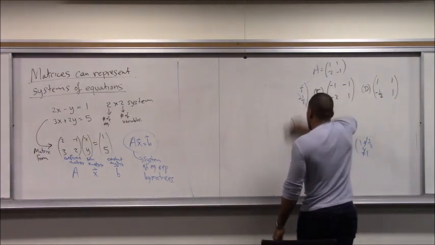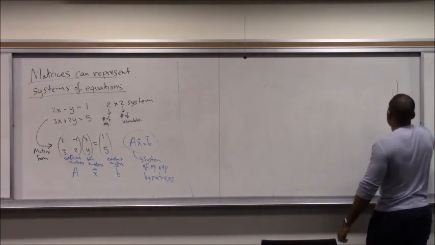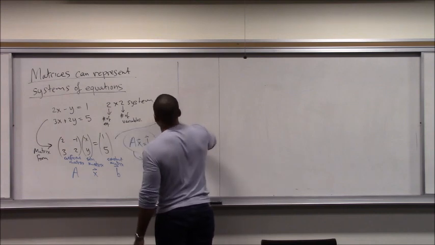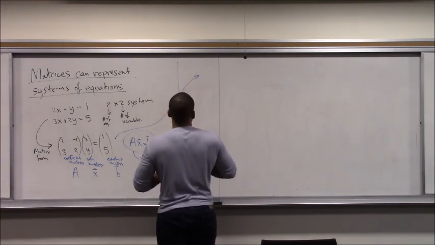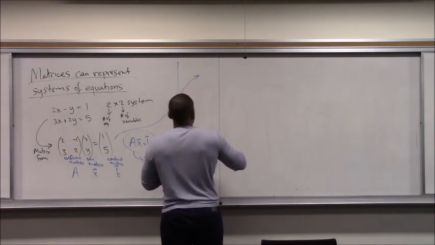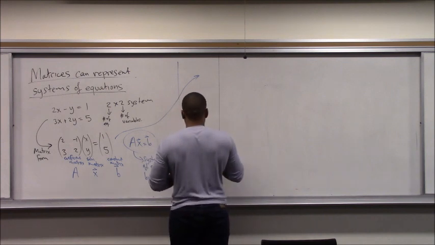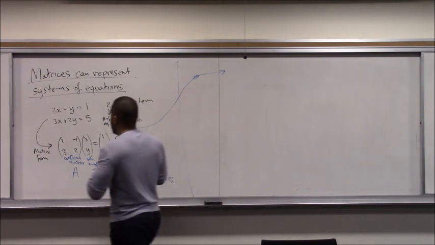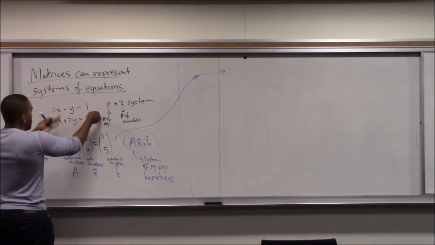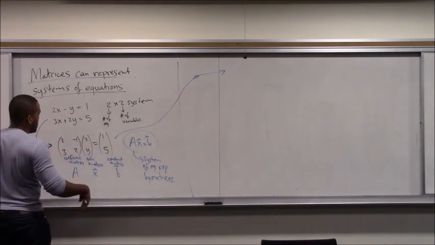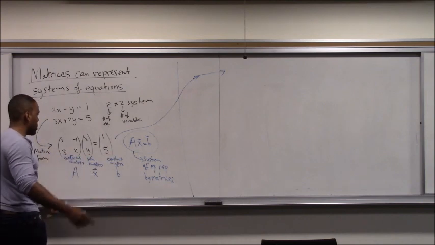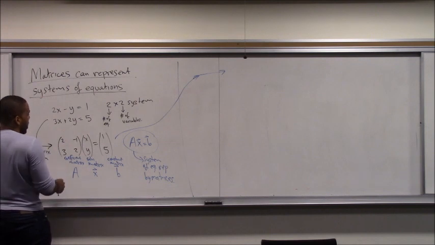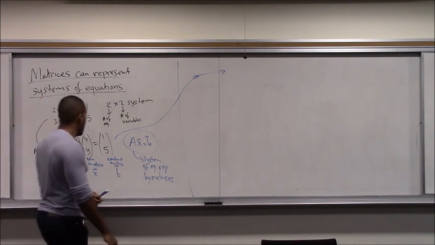Another way was what we call the augmented form. So from this, you can go to what's called the augmented form. Pretty much the idea is we kind of see where the variables are. We know that the guy on the right is a constant, so this is a lot of superfluous writing. We see that the first column goes with the x, the second column goes with the y, and the last column would go with the constants.